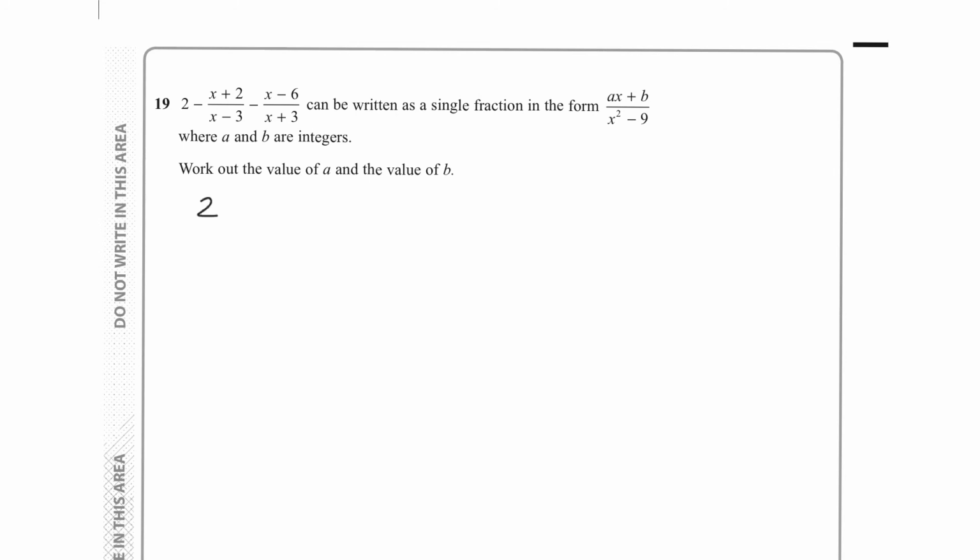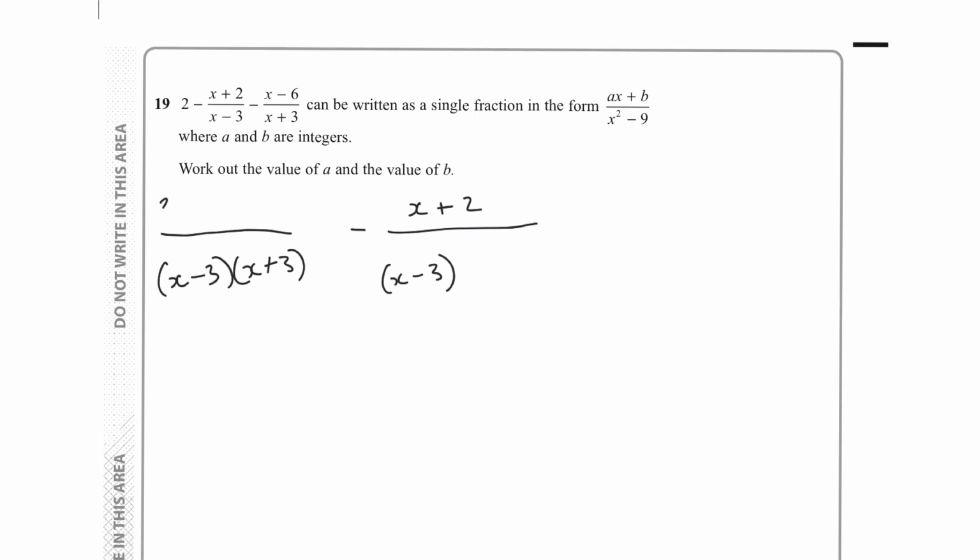So the first one, the 2, would end up having this denominator. The second one, if we had x plus 2, we now multiply it by x plus 3 and x minus 3. So we're multiplying the top and the bottom.